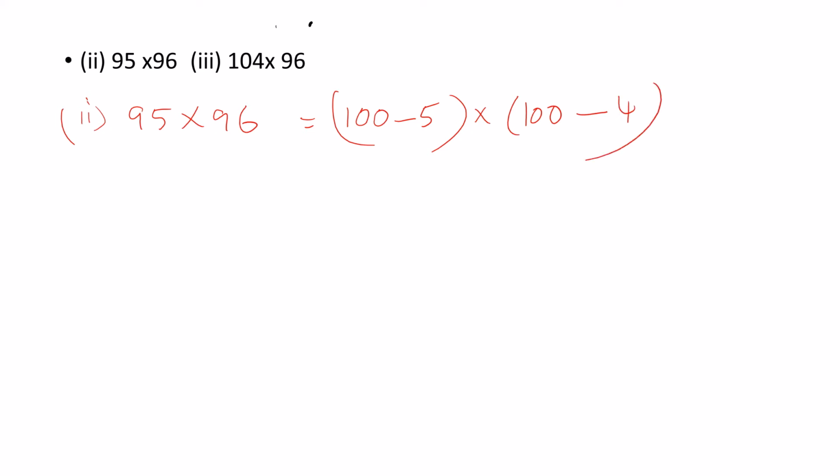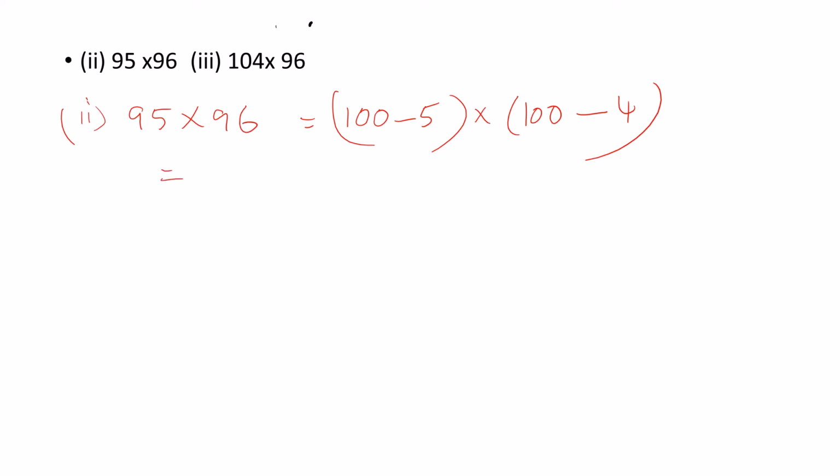Now let's do the second one, which is 95 into 96. See, 95 we can write as 100 minus 5. In the same way, 96 we can write as 100 minus 4. So which identity can we make use of? The same thing, (x plus a) into (x plus b).